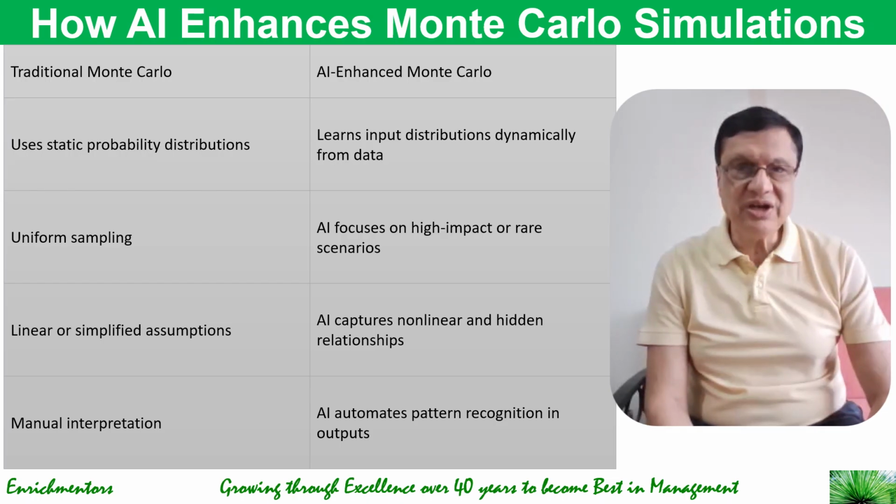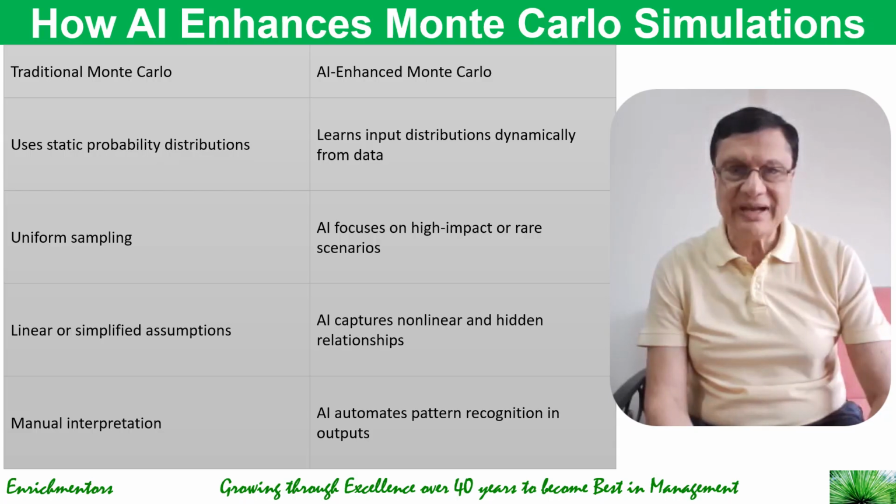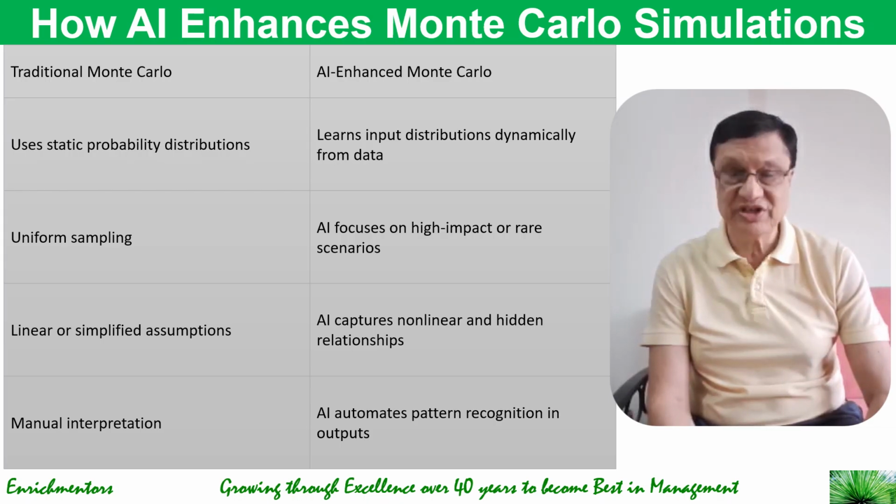Then in the traditional Monte Carlo, you use uniform sampling, and in AI enhanced Monte Carlo, the AI focuses on high impact or rare scenarios. There is linearity and simplified assumptions in traditional Monte Carlo, whereas in AI enhanced Monte Carlo, the AI captures non-linear and hidden relationships, which are difficult to detect.